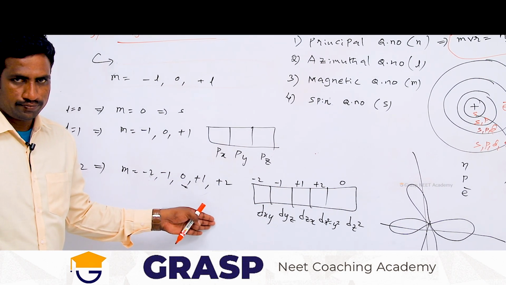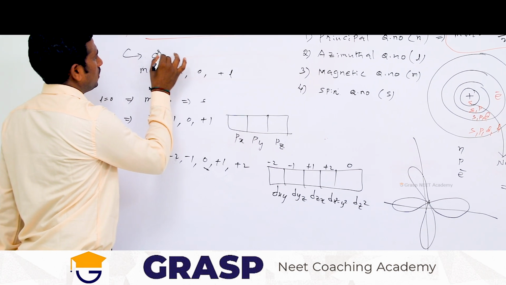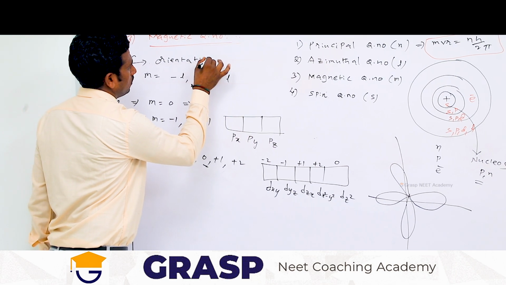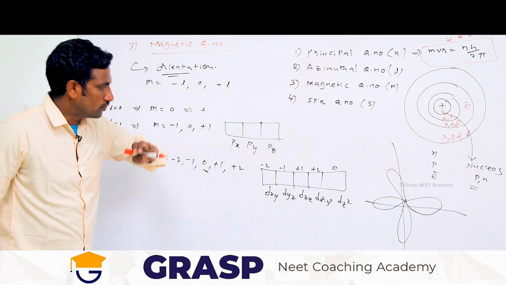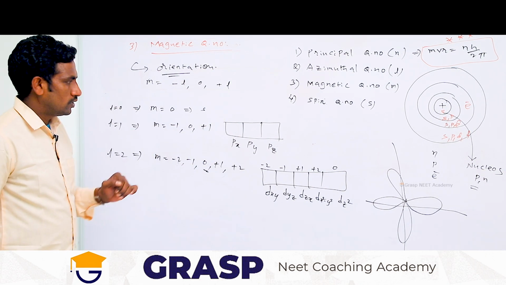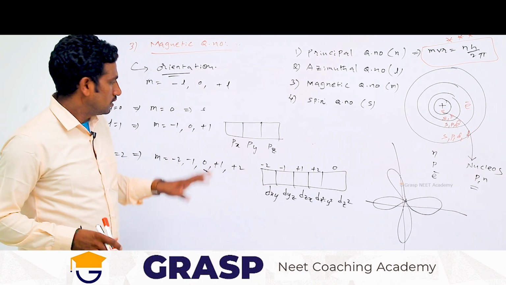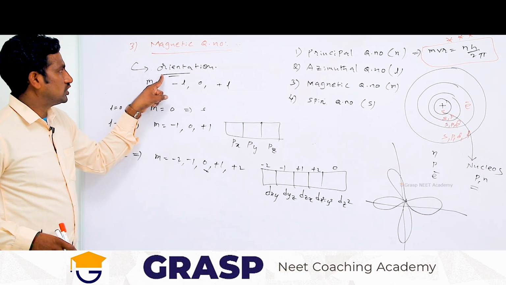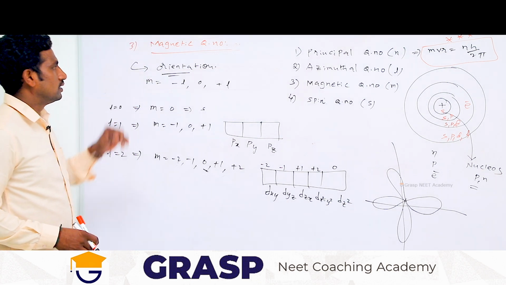So it is giving the spatial orientation of orbitals. Like India, in South India or North India or East India, here also that orientation of the area where the electron is present is given by the magnetic quantum number. This is the information we get from this value.